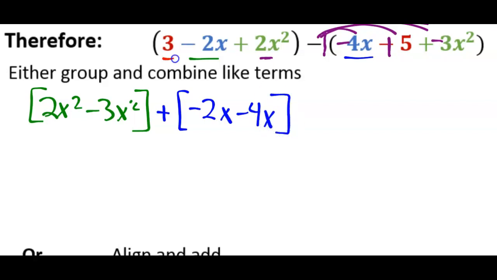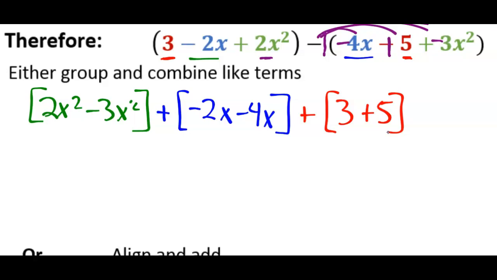And then my next term is my constant, and it's red. I'm going to take my 3 and combine it with my now positive 5. When I combine these, I have to do this distribution of this negative 1 first. Okay? Now I can combine those together.